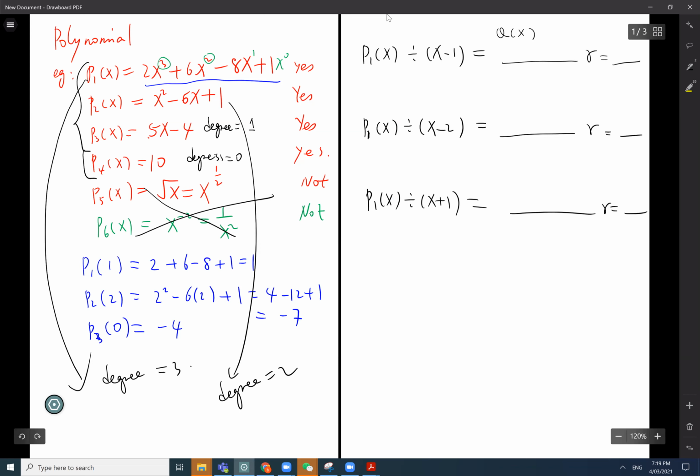What's the remainder? If you divide by a linear one, the degree is just 1. That means the remainder is just a number. There's no x. Okay. Guys, try to finish it. Division, use P1 divide.